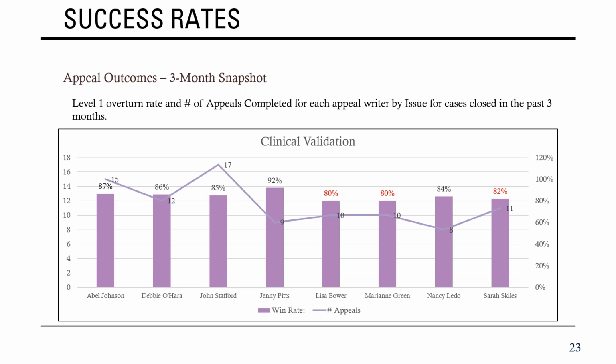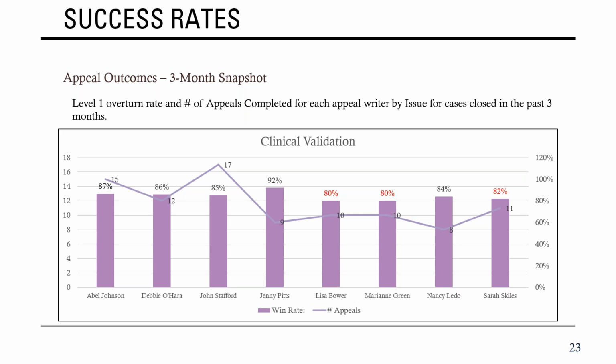Lisa's getting an 80% overturn rate. Well, maybe Lisa's writing the vast majority of her appeals for a particular payer who is just really, really, really difficult to get wins from, whereas Jenny is writing a lot of appeals to a payer who's a little bit more generous in their overturns. And so that's something to take into consideration as well.